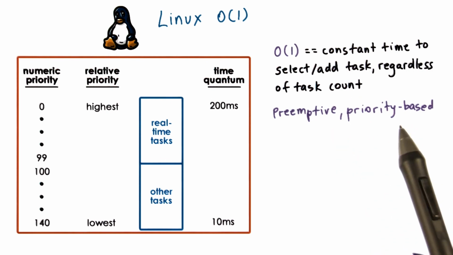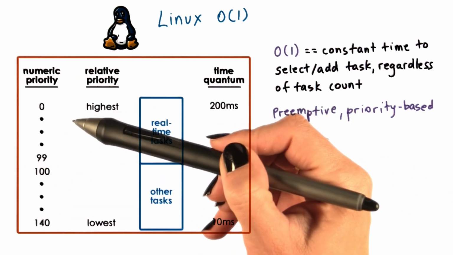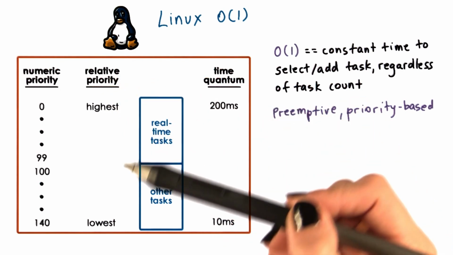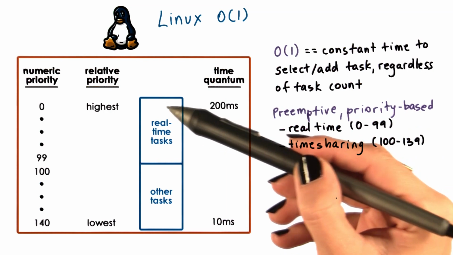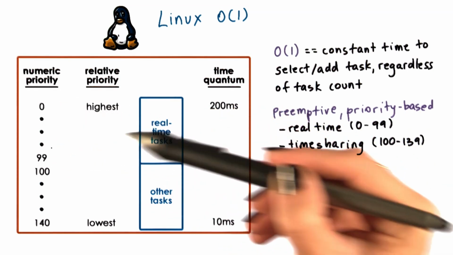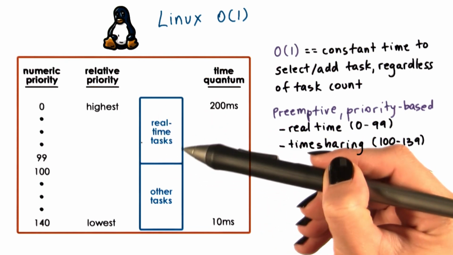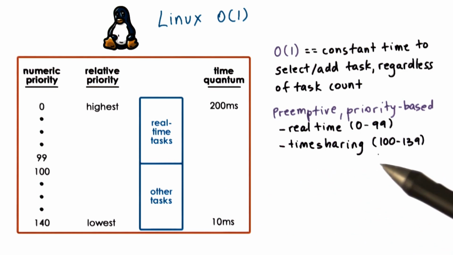It's a preemptive and priority-based scheduler, which has a total of 140 priority levels, with 0 being the highest and 139 the lowest. These priority levels are organized into two different classes. The priority levels from 0 to 99 fall into a class of real-time tasks, and all others fall into a so-called time-sharing class.